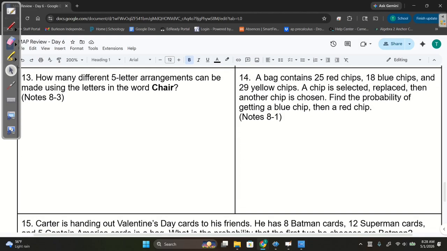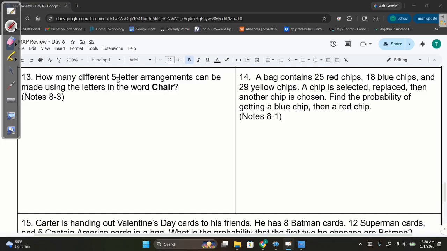Number 13. How many different 5-letter arrangements can be made using the letters in the word chair? Okay, well, the word chair has 5 letters. And so for this first slot, I can put any of the 5 letters. So I have 5 options there. Once I put a letter there, I can't repeat it.